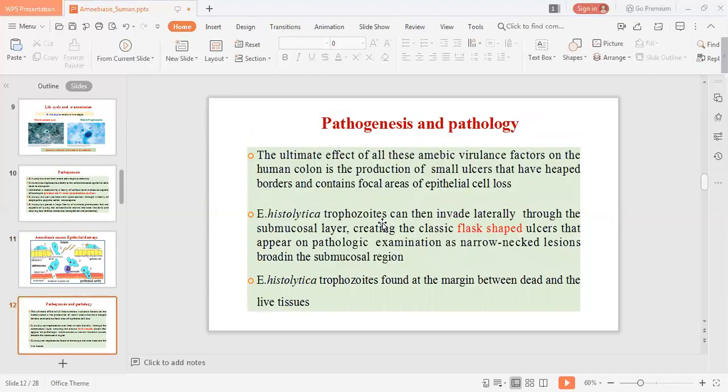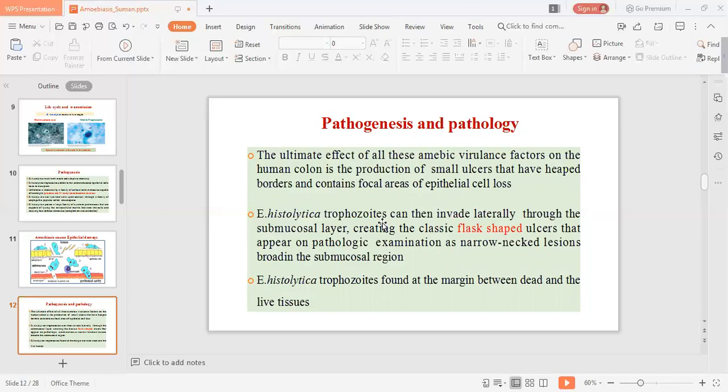The ultimate effect of all these amoebic virulence factors on the human colon is the production of small ulcers that have raised borders and contain focal areas of epithelial cell loss.